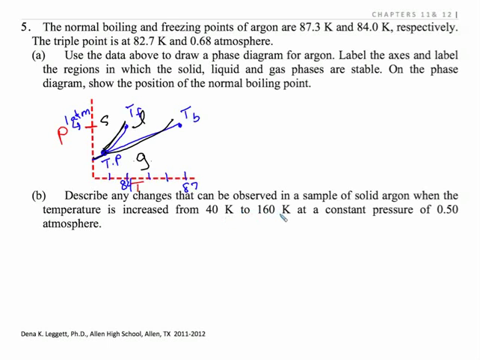Now it says, describe any changes that can be observed when you take solid argon and increase it from 440 Kelvin to 160 at half of an atmosphere. Well, we know we're somewhere below this triple point. So we have our solid, and we're crossing underneath the triple point. So we're going directly from solid to gas.